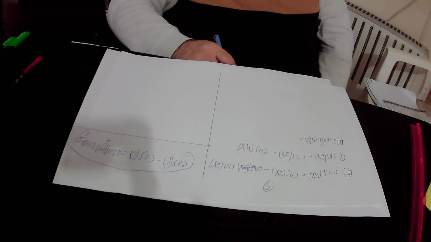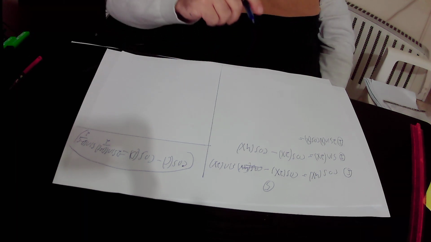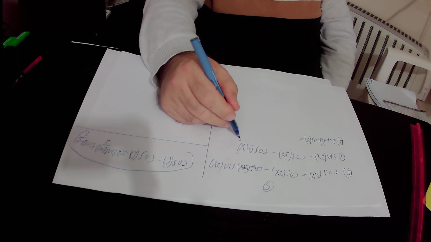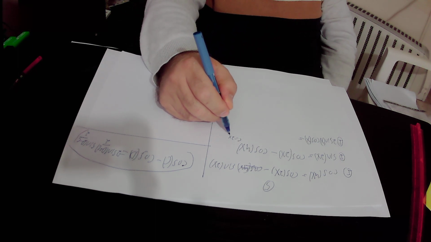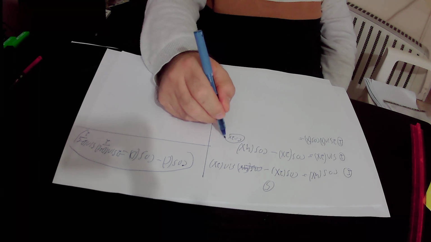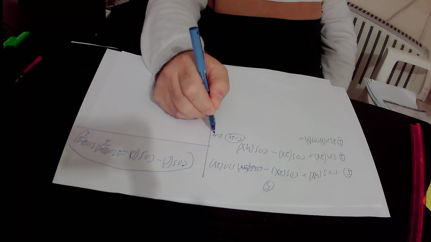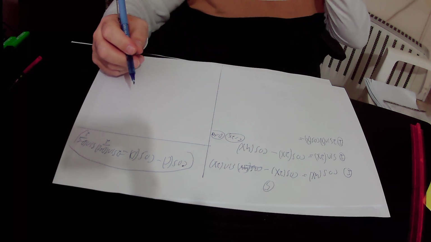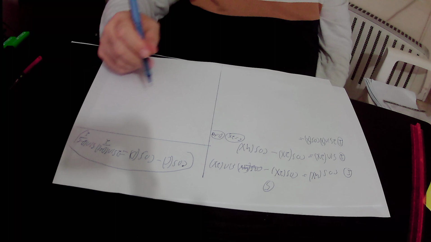So here we know that C equals 2x and D equals 4x. So cosine C minus cosine D equals 2 sine (D plus C) over 2.